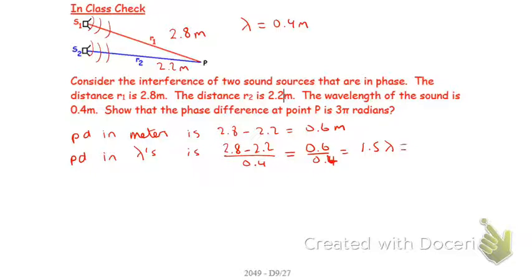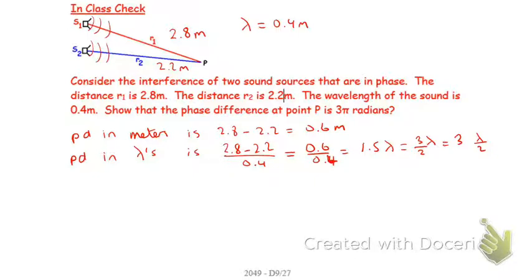which equals 3 over 2 lambdas, which equals 3 lambdas over 2. Now, can you tell me from that, is that constructive or destructive interference? It's destructive because I have an odd number of half wavelengths.